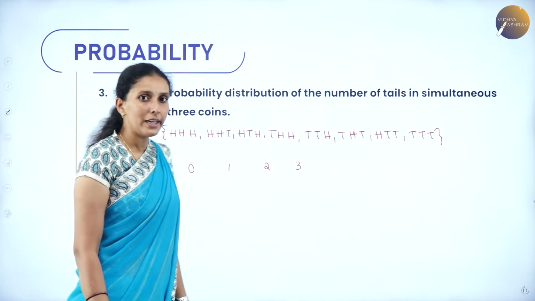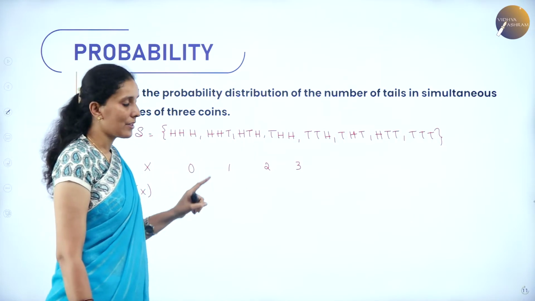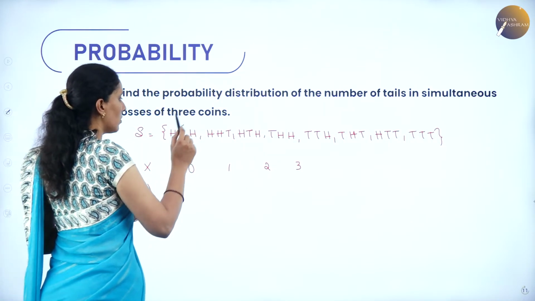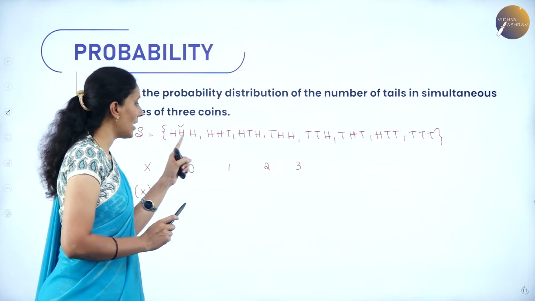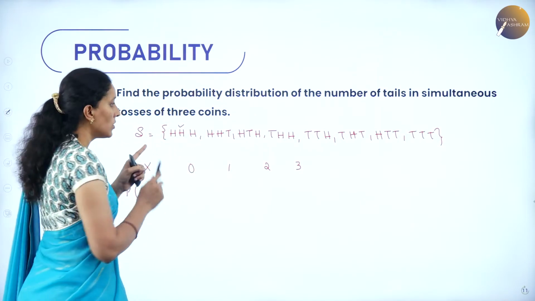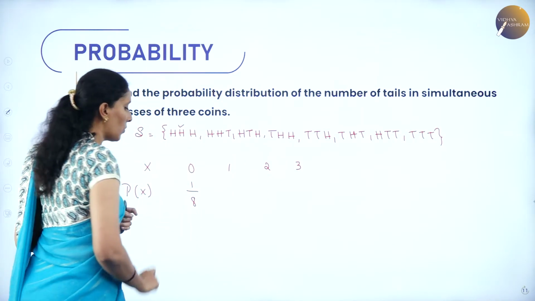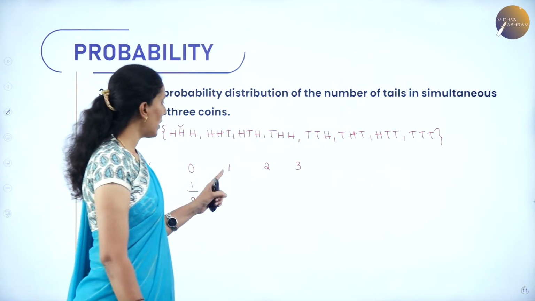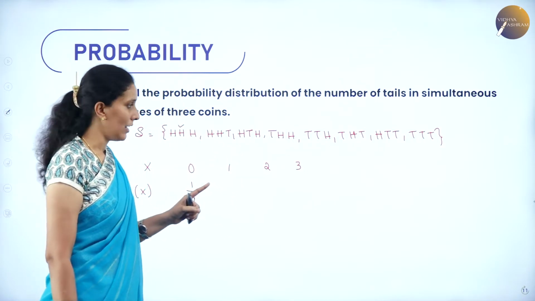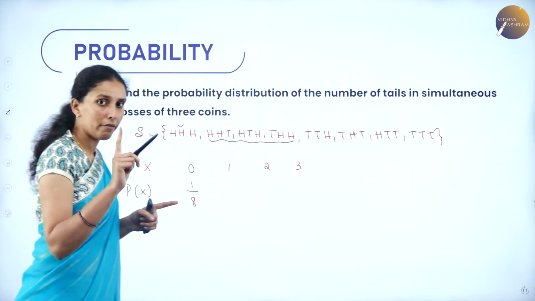How many outcomes contain 0 tails? Only 1, that is HHH. There are no tails in the first outcome. So out of 8 outcomes, 1 outcome has 0 tails. How many outcomes contain only 1 tail? These 3 outcomes contain only 1 tail.